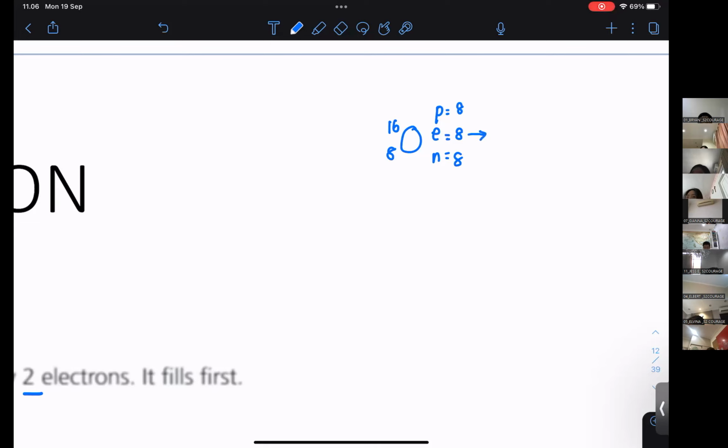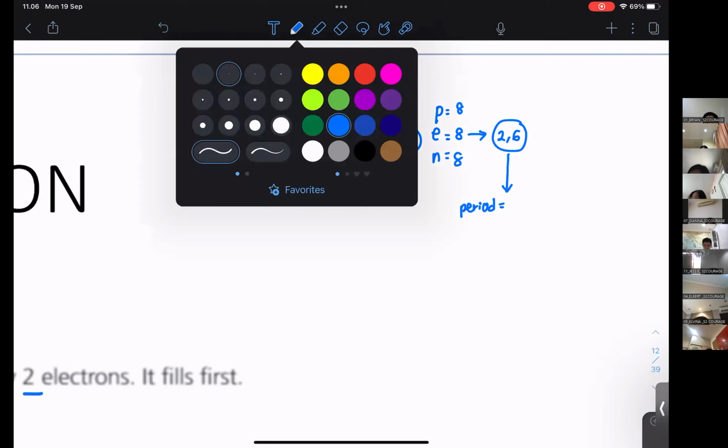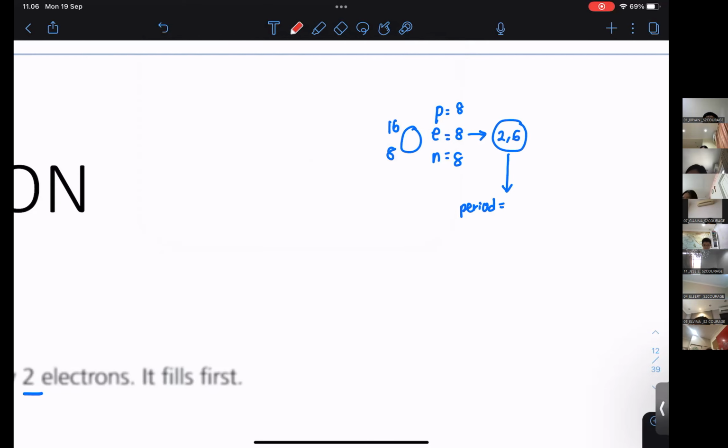Now from this value, 2, 6, can Terrace tell me what the period number is?